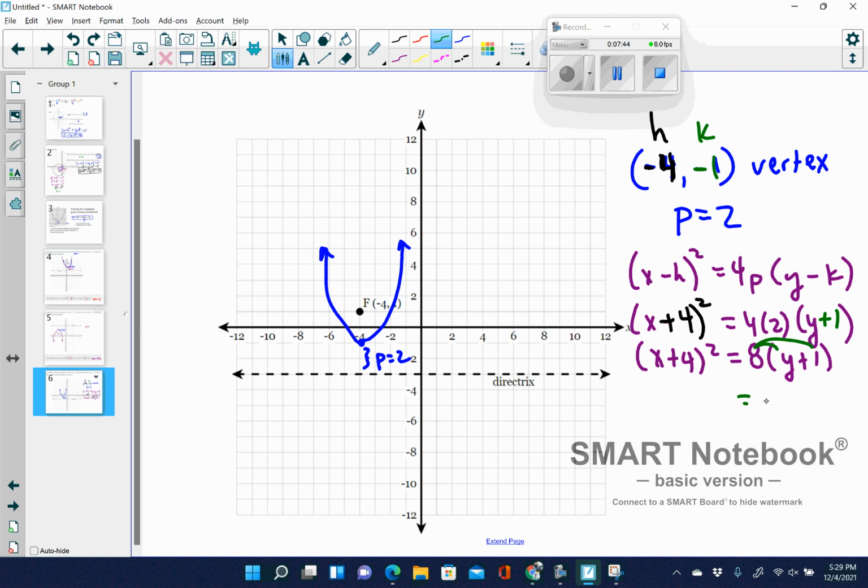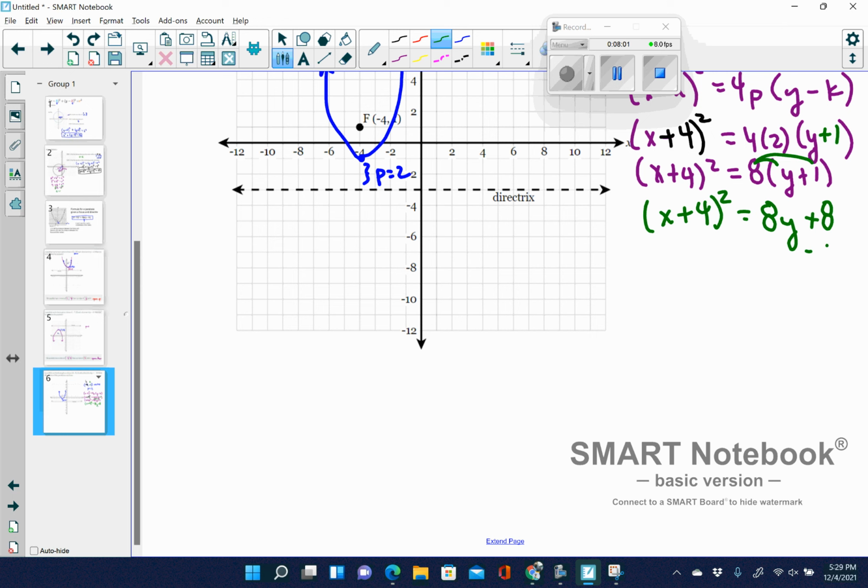So this is going to be 8y plus 8, right? Distributed, 8 times y is 8y, 8 times 1 is 8. I'm going to bring down that (x plus 4) squared. I want to get the y by itself, so the next thing we're going to do is subtract 8 from both sides. So this cancels out, and I'm left with (x plus 4) squared minus 8 equals 8y.